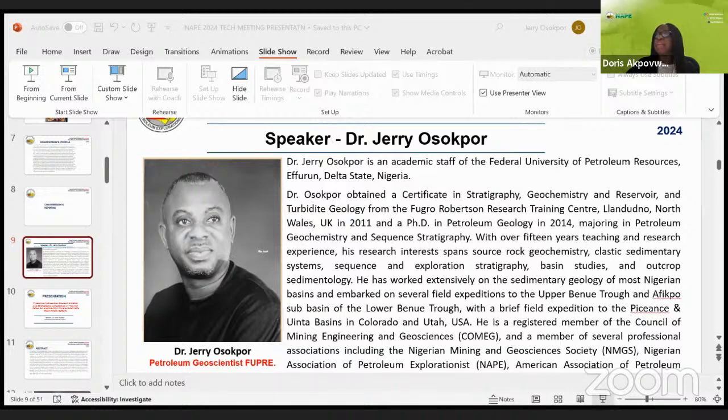He is a registered member of the Council of Mining, Engineering, and Geosciences, COMEG, and a member of several professional associations, including the Nigerian Mining and Geosciences Society, NMGS, Nigerian Association of Petroleum Explorationists, which is our association, and also the American Association of Petroleum Geologists, I believe.